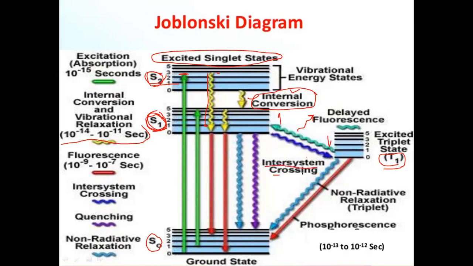The spin of the electron, if it is on the upward side in the singlet state, becomes downward in the triplet state. So inter-system crossing occurs, but during that again the energy is released in the form of heat. It does not emit light energy.